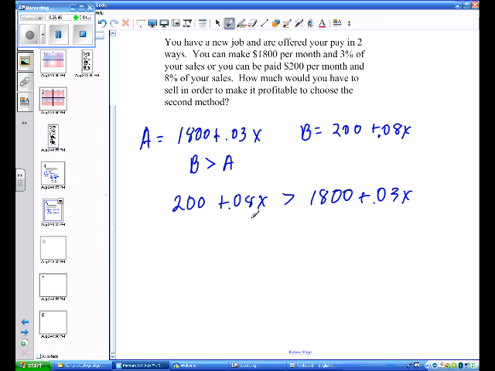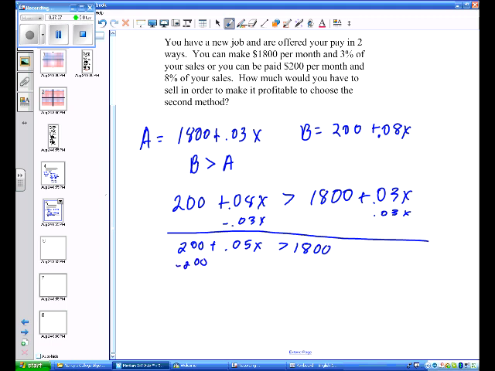So let's get our x's on the same side. We can subtract 0.03x. So this would give us 200 plus 0.05x is greater than 1,800.